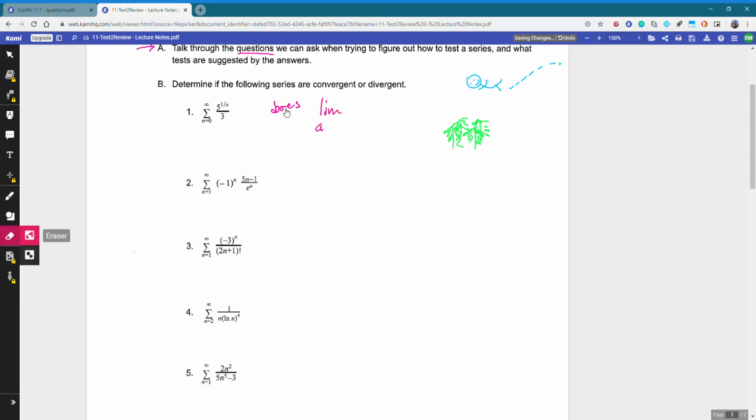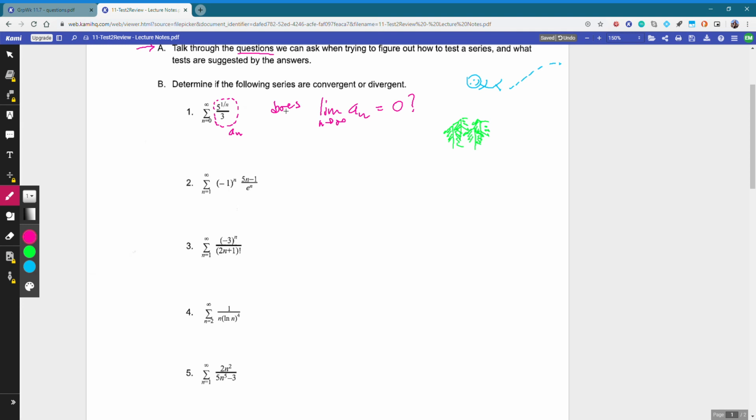Does the limit as n goes to infinity of our terms equal 0, right? And again here, a_n, those are just the things that we're adding up. There's our a_n.